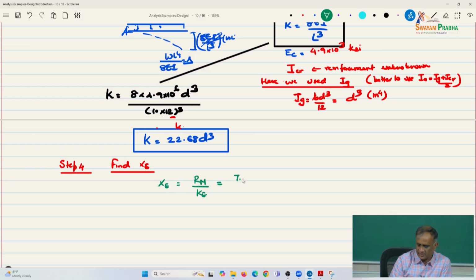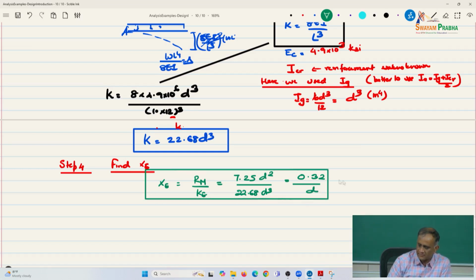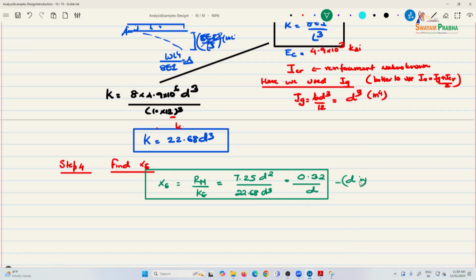This is 7.25 D square by 22.68 D cubed. So, this comes to 0.32 by D, and D is in inches. Then fifth step is your moment expression or the mass, sorry.